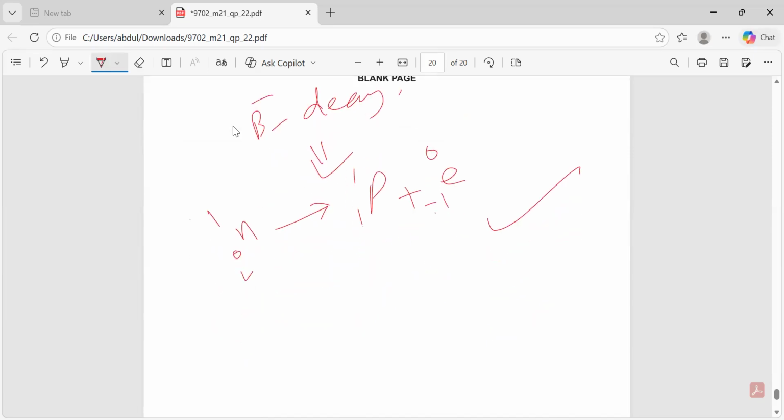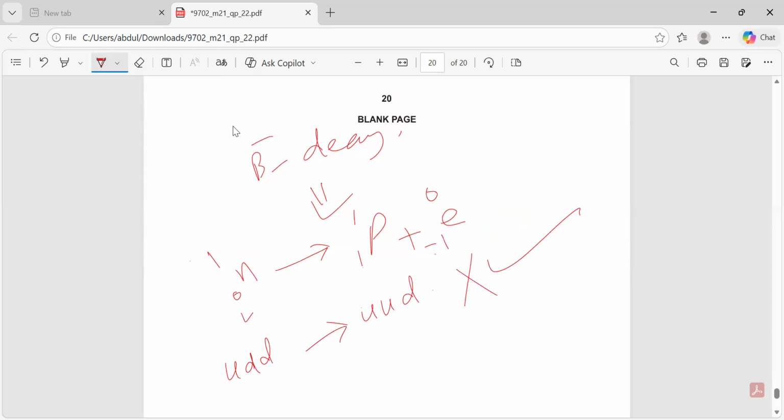What is the quark composition of a neutron, my dear son? That is UDD. And a proton is UUD. Electron has no quarks because it is an elementary particle.